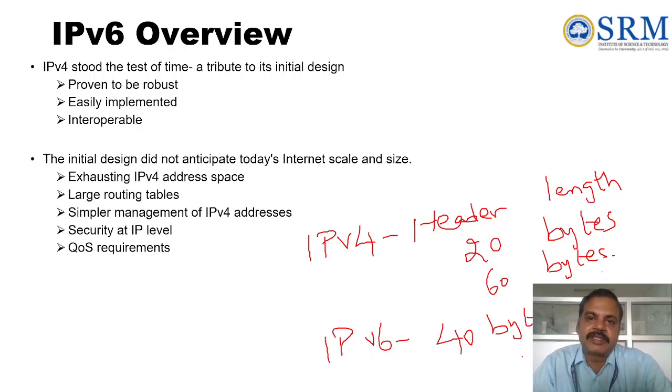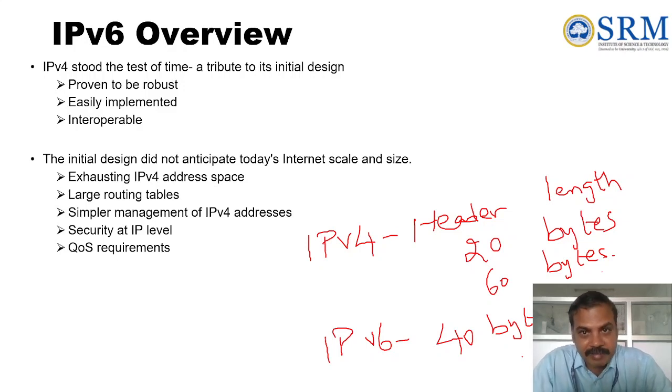The second one is that processing is not that easy in IPv4. Easy in the sense that it is not fast enough to support today's networks. A lot of overhead is there in IPv4 header processing, and we have removed all those overheads in the IPv6 format.